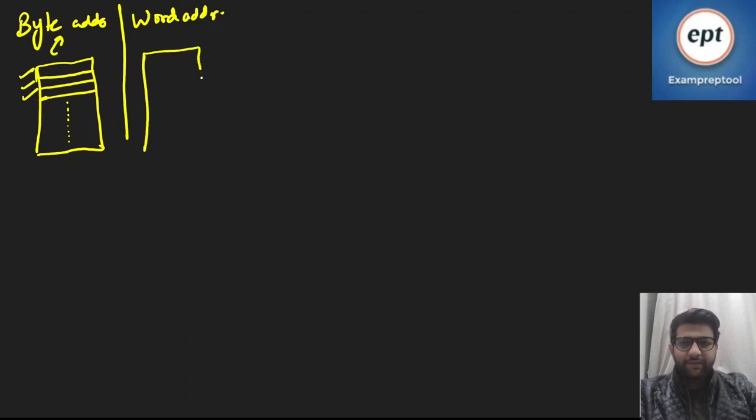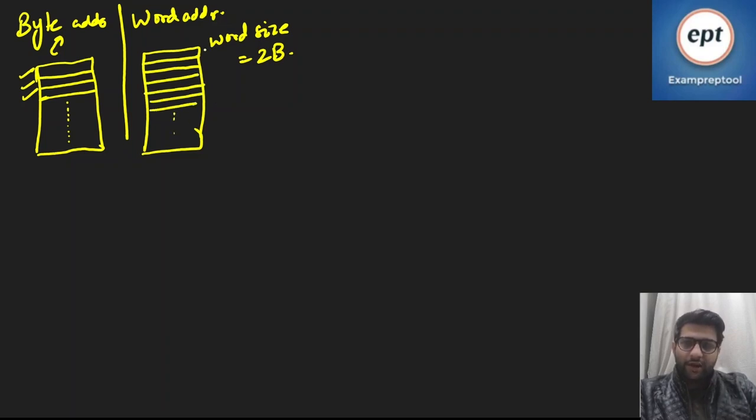And if this is our memory, and let's say it is given that the word size is equal to 2 bytes, right? Now if these are different bytes, now every 2 bytes will be given a separate address, right? And that means that this particular byte and this particular byte will have the same address, right?